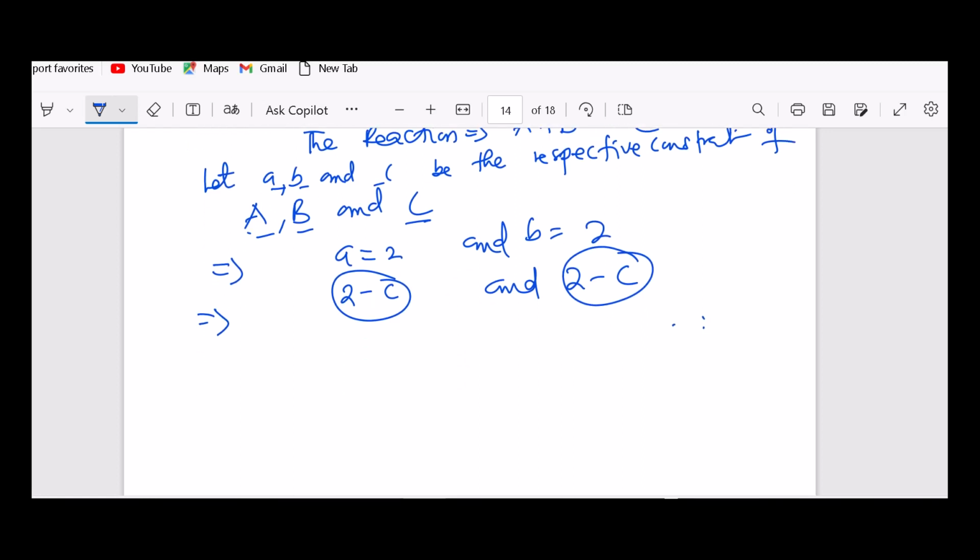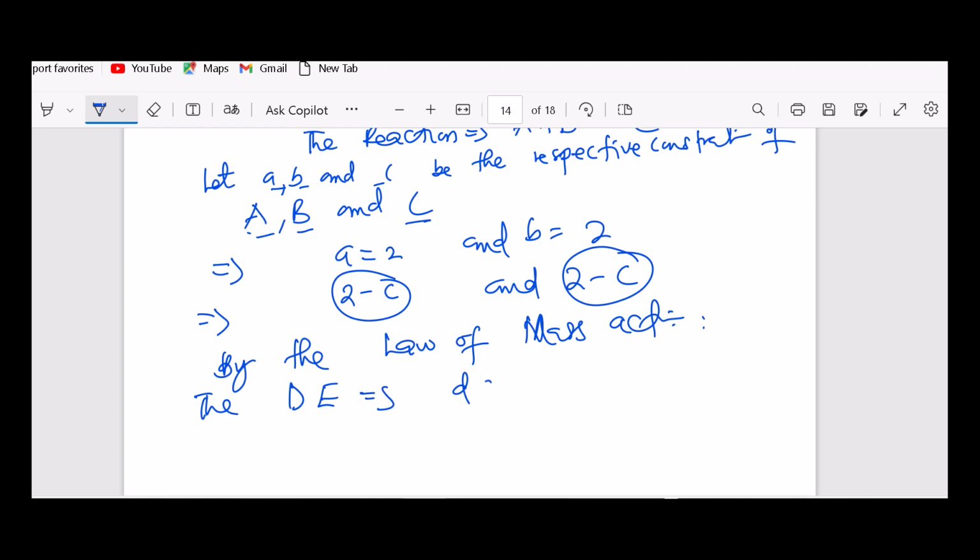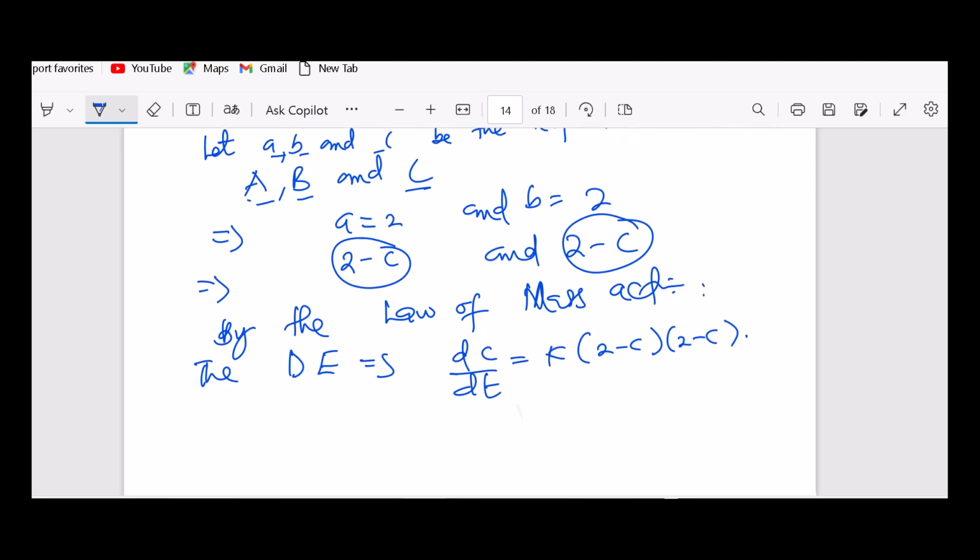Now, by the law of mass action, the differential equation implies dC/dt equals k times (2 minus C) times (2 minus C), like this.